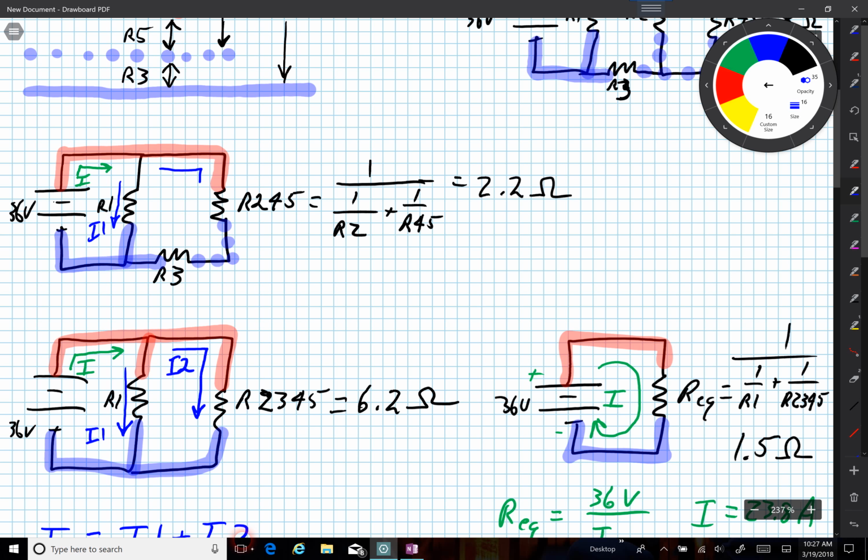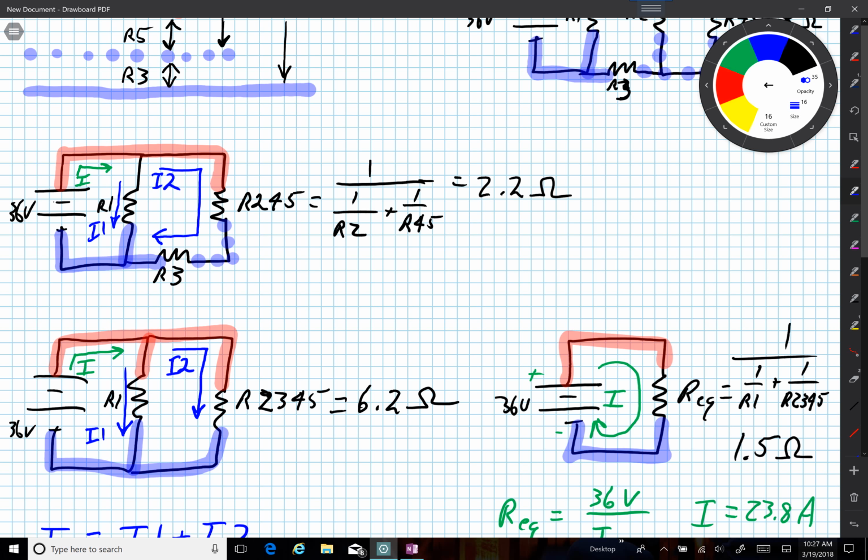And then we have I2 flowing through the 2 resistors shown in this diagram. These resistors are in series, and we said series means if you go through one resistor, you must go through the other. Well, the current does go through the resistors. So I2 flows through resistor 245, and the same current must flow through R3 because they're in series.